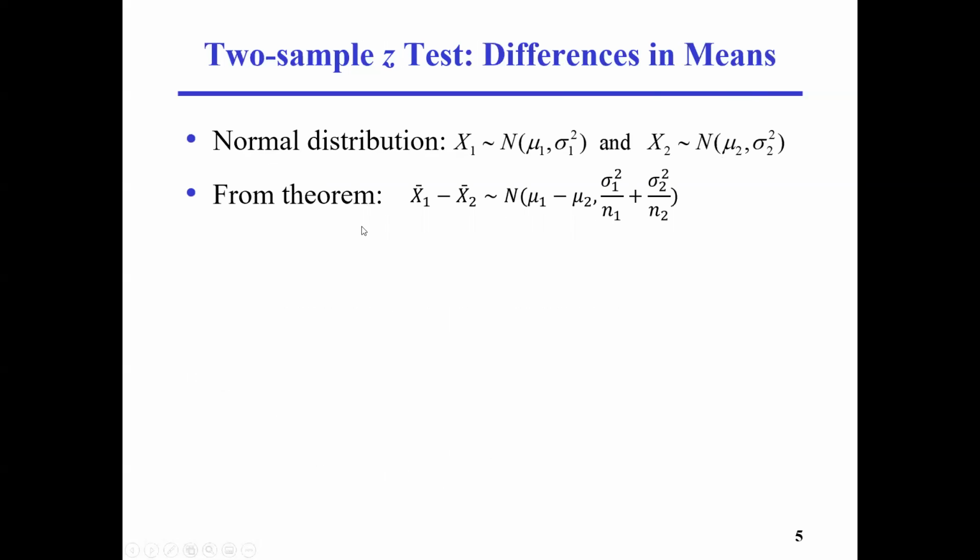So according to the CLT, the pooled distribution between X1 bar and X2 bar also follows a normal distribution, with a mean addressed by the difference between mu1 and mu2, and a variance addressed by sigma 1, sigma 2, n1, and n2. So this part, mu1 minus mu2, is for the mean of the pooled data set.